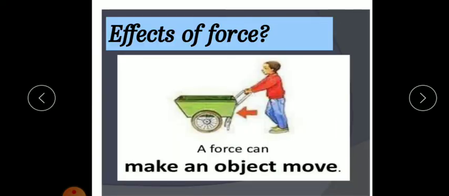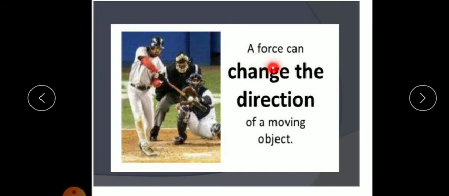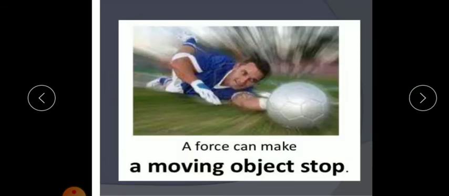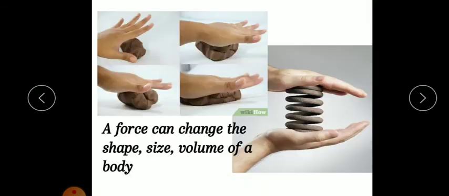So which are the effects of force? Due to force, we can make an object move. Then a force can change the direction of a moving object. Then a force can make a moving object stop. A force can change the shape, size, volume of a body.